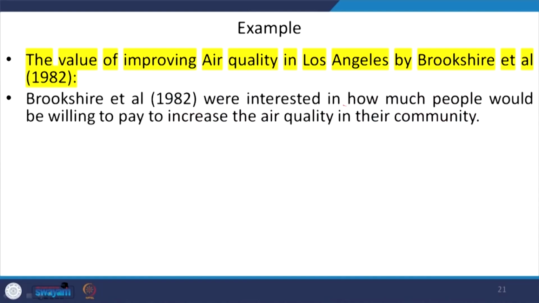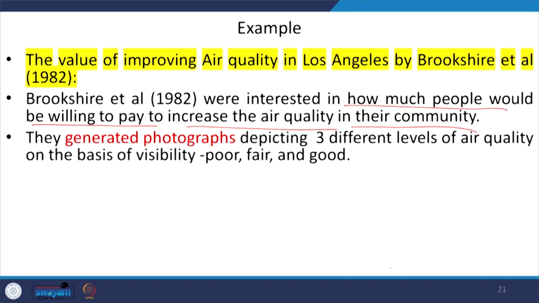They were interested in how much people would be willing to pay to increase the air quality in their local community, in comparison to the existing one.